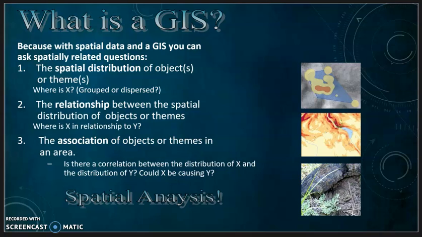Where is X in relationship to Y? Are my salamanders within a certain distance of riparian habitats? And then it takes us into association. And I can ask things like, does water quality affect the distribution of my salamanders? Are salamanders found in wetlands over river watersheds? Things like that.